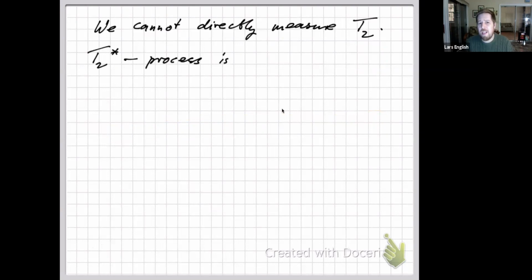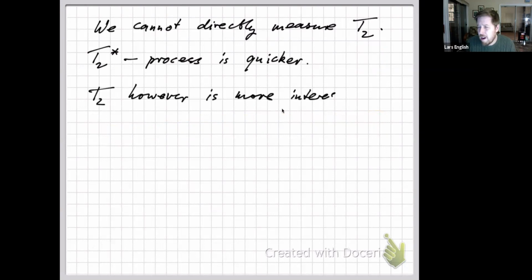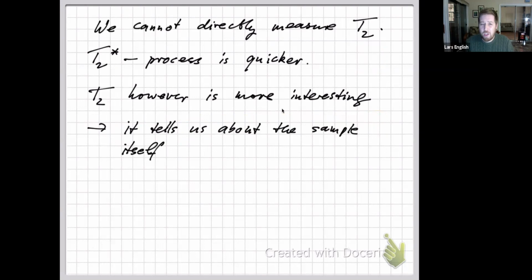The reason is that the T2 star process is quicker in squashing that signal, and we don't have time to observe T2, which is longer. But T2 is the more interesting effect, because it tells us something about the sample itself, or in the medical context, about the tissue itself in MRI. So really, T2 would be the more interesting thing to observe.